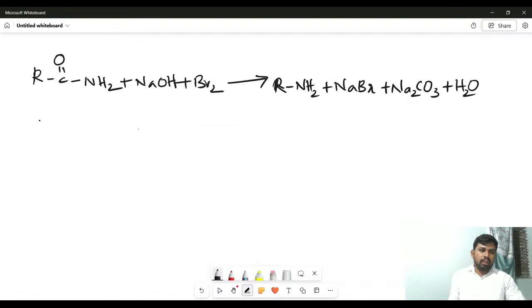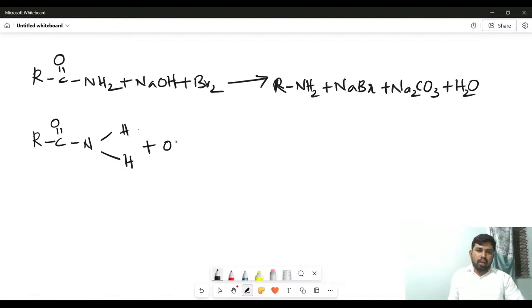Now see, in this case our amide will be there. Here we have nitrogen, and this nitrogen has two hydrogens.